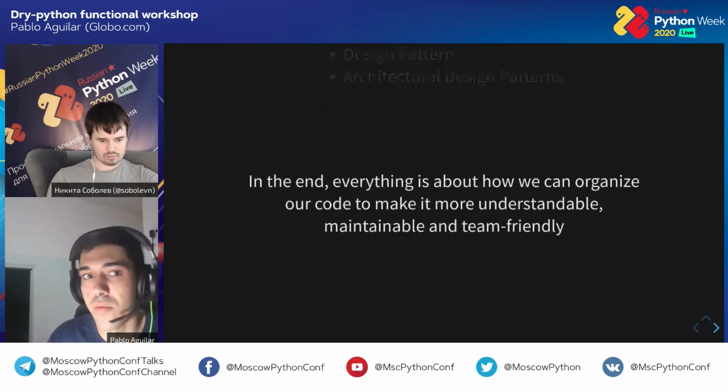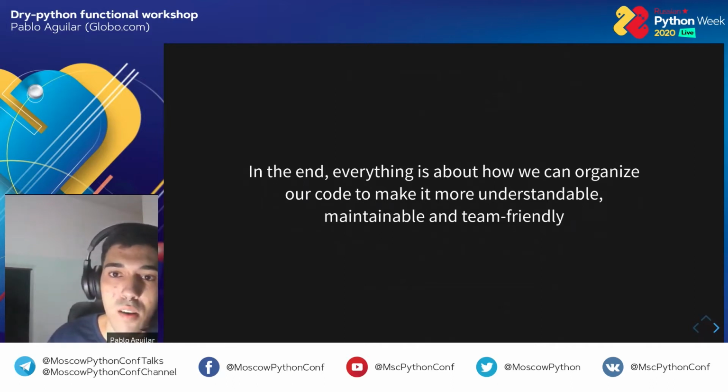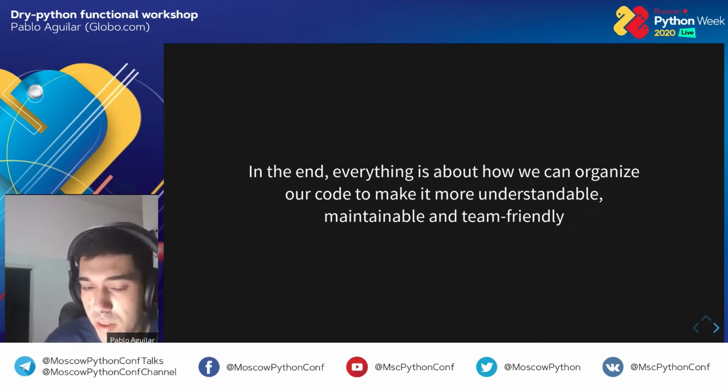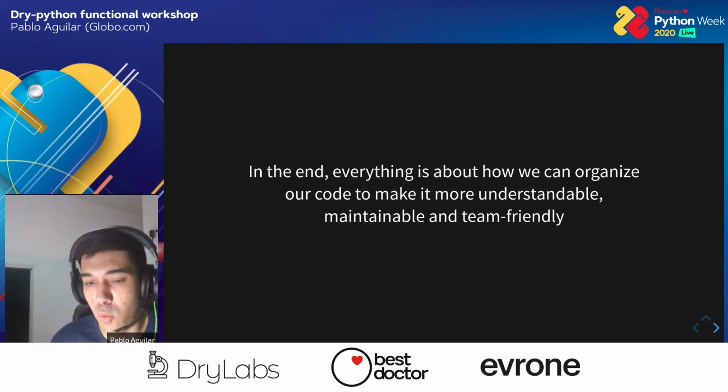But at the end of the day, what really matters is how we can organize our code, because our code has to be understandable, maintainable, and team-friendly. We don't write code just for ourselves. We don't work alone.